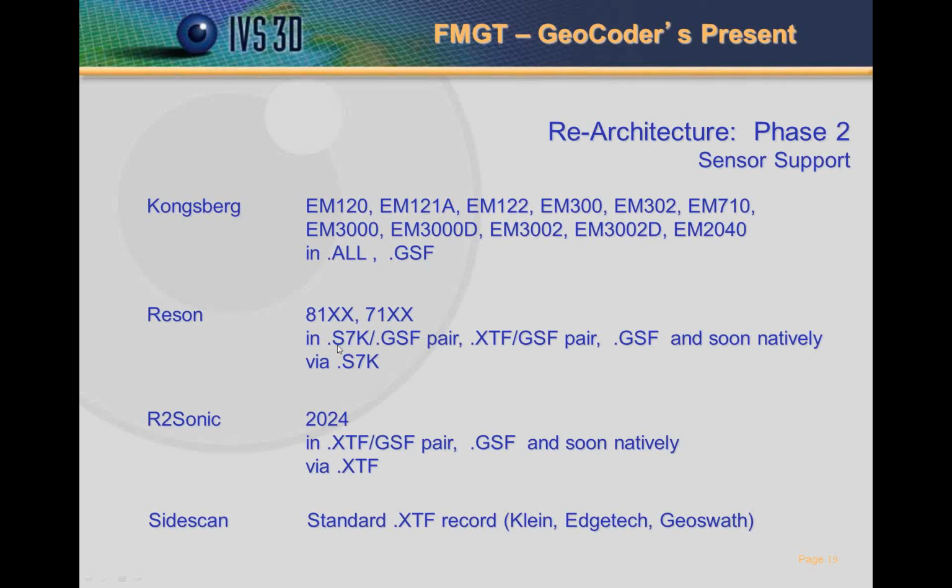You can bring it in by pairing S7K and GSF data, you can pair XTF and GSF data, or soon natively via S7K in our next release. Also R2 Sonic 2024, XTF GSF pair, GSF, and soon natively via the XTF format in our next release.